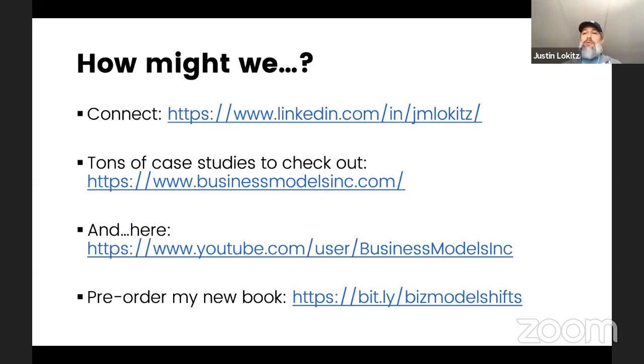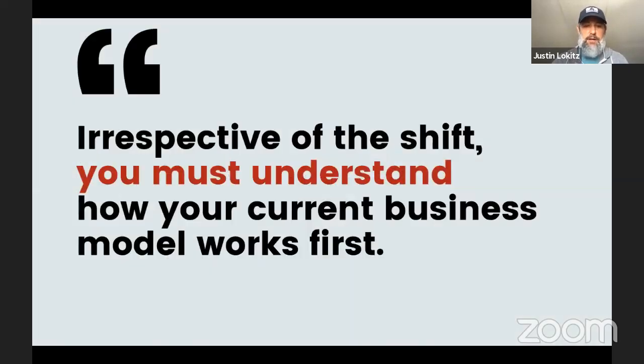The best thing you can do when you're going through a business model shift, first and foremost, and I mentioned this when we shifted over to this section, is you must understand how your current business model works. That is a must.